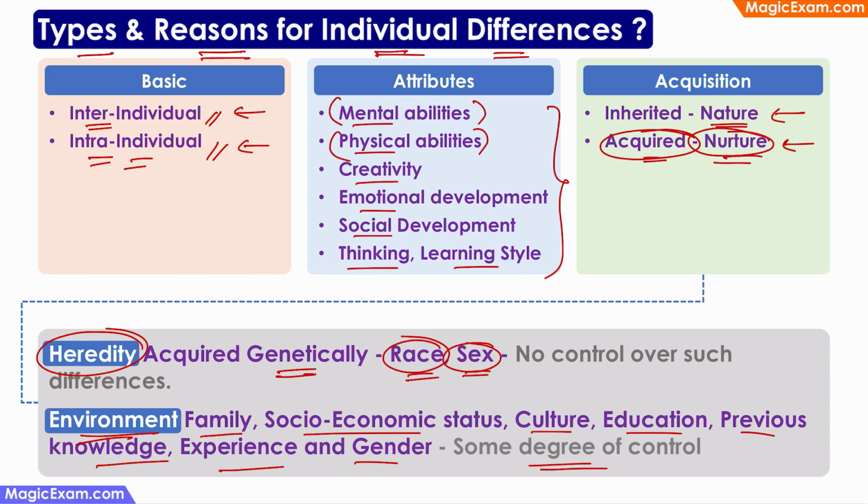For example, if a child is from a very poor socioeconomic status, if the child is moved into a different environment and is given better resources or given better facilities, then some of these differences can be addressed. Therefore, inherited or nature related individual differences, we don't have any control over them. Whereas nurture or acquired differences, there can be some degree of control over them.